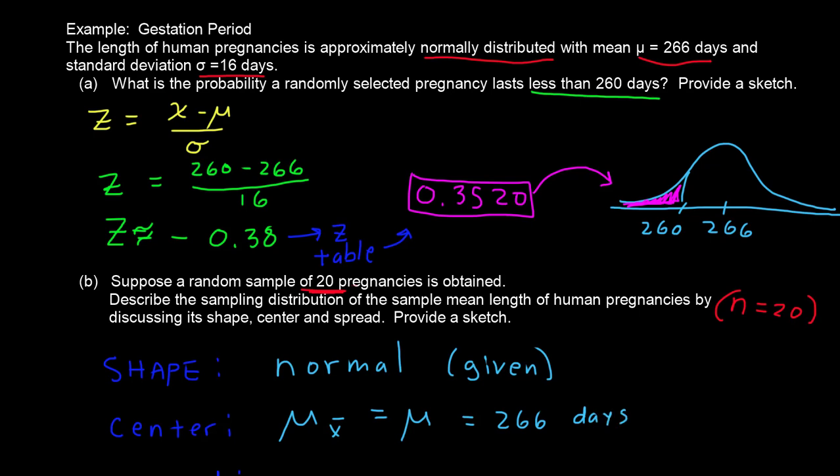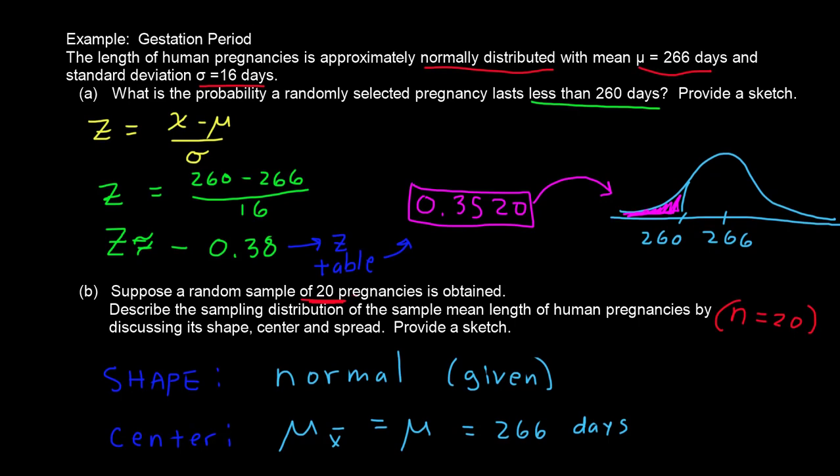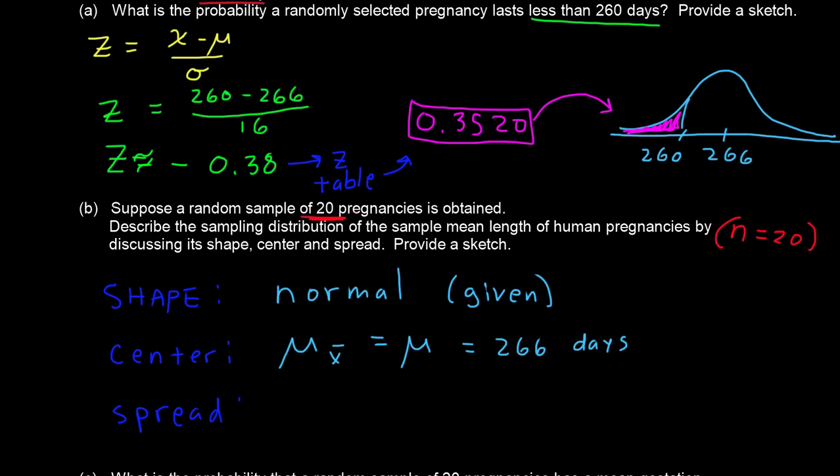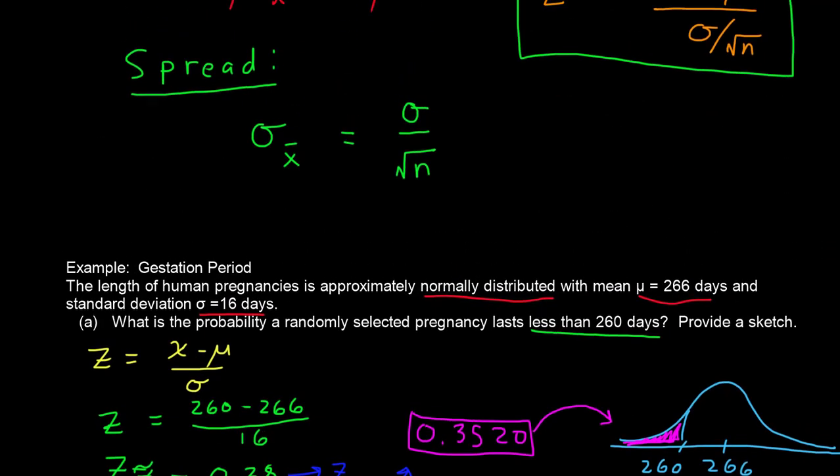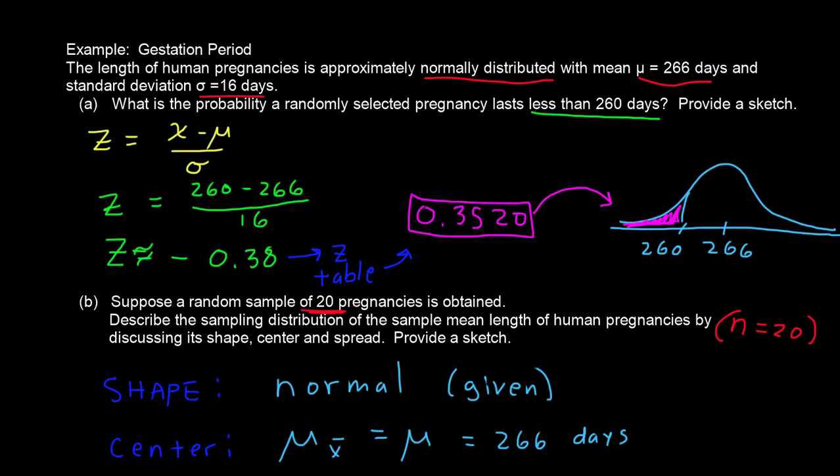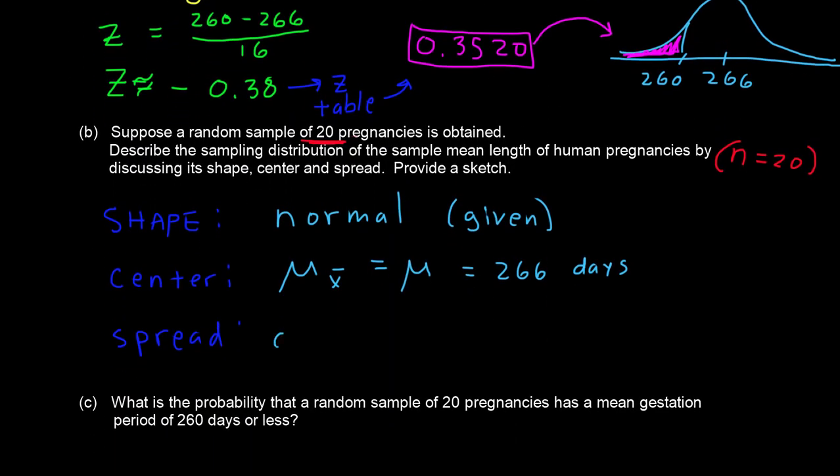Great. Now for the spread of the sampling distribution, I'm going to utilize that formula that we have from above, where we need to look at the standard deviation that was given, that's the 16 down here. We're going to divide it by the square root of our sample size. So sigma over square root of n. So that's going to be 16 over square root of 20.